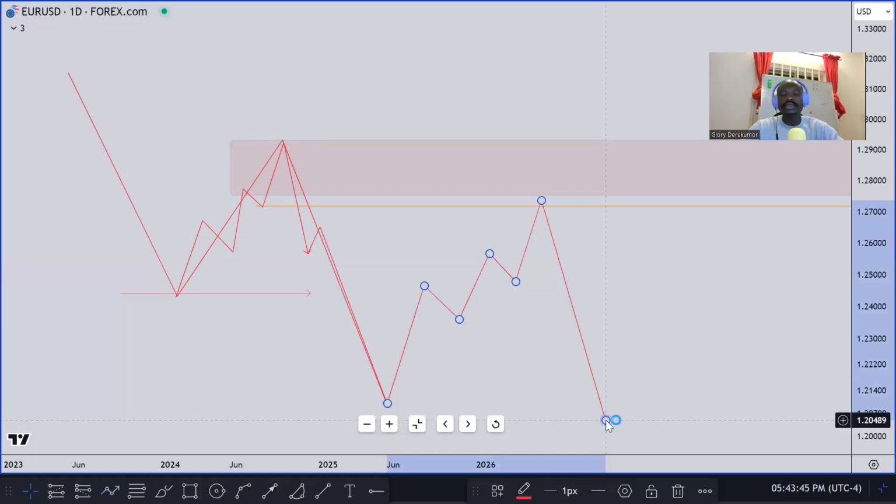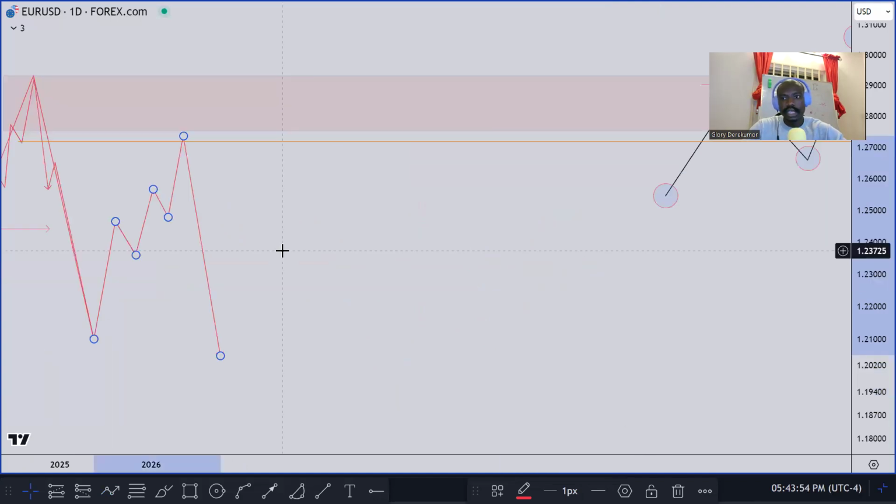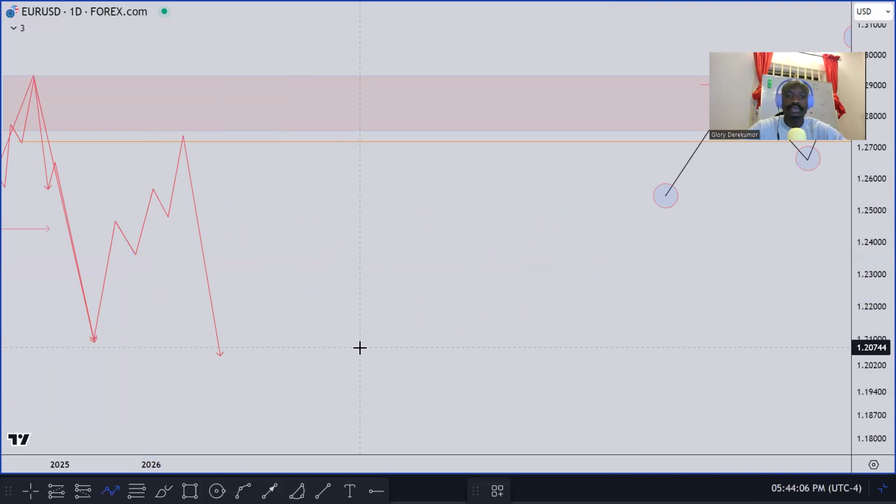Now, when it comes to how the market reverses, in terms of patterns, how does the market reverse? Again, if you watch the introduction to technical analysis video, I gave you guys a detailed explanation of how the market reverses. But here, I'm going to show you two major patterns that the market uses when it comes to reversal, okay?